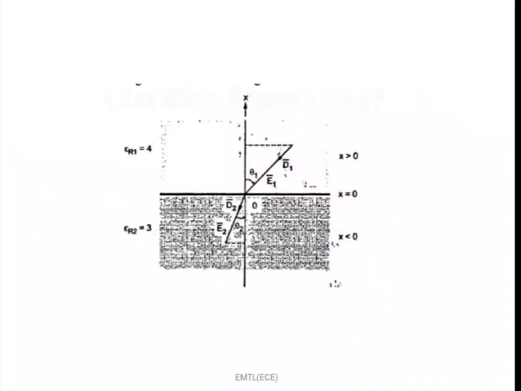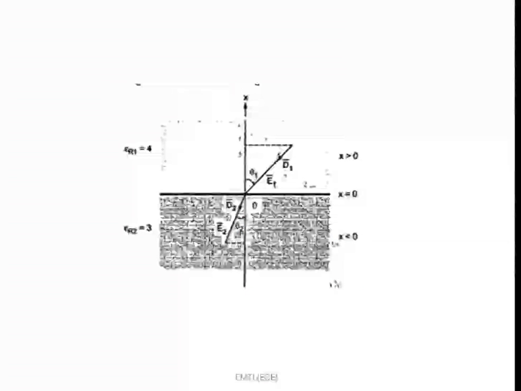So the solution of the problem is, this is the schematic representation of an electromagnetic wave, how it comes from one dielectric medium to another dielectric medium. So this is the boundary, that is exactly at x equal to 0. This is the first medium and this is the second dielectric medium.